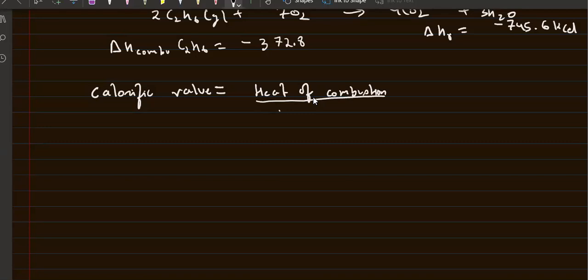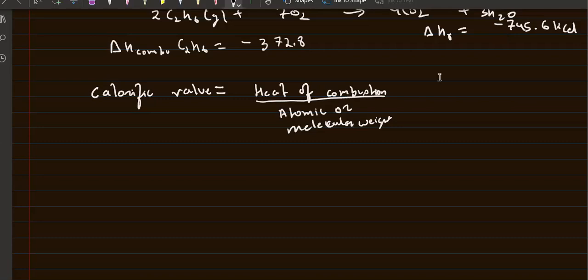Got it? So this is your basic definition, and this is your second type of enthalpy.